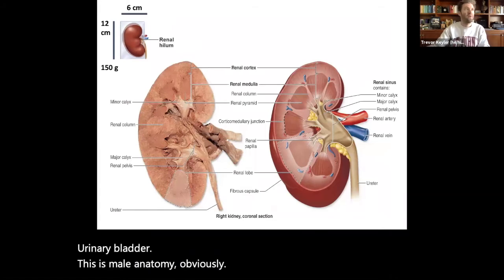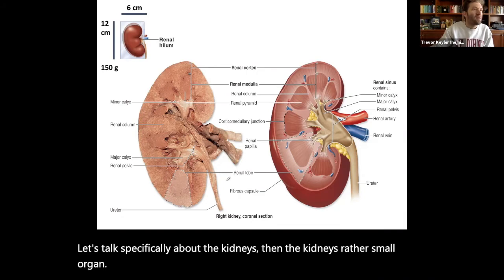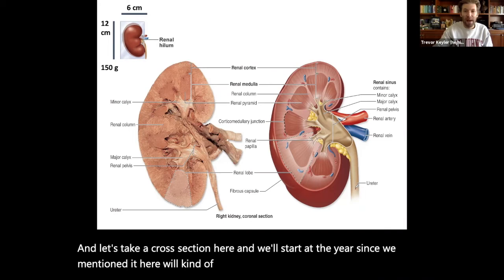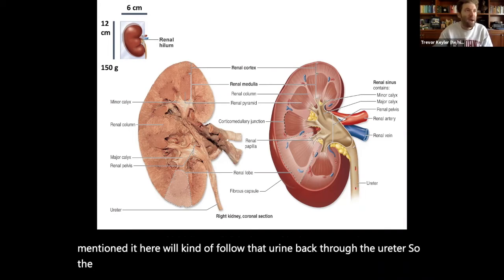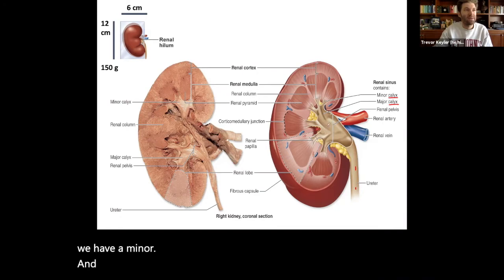Okay, let's talk specifically about the kidneys then. The kidney is a rather small organ. Let's take a cross section here, and we'll start at the ureter since we mentioned it. We'll follow that urine back through the ureter. Following this back, we can see the calyxes, or the calyces. We have a minor and a major calyx.